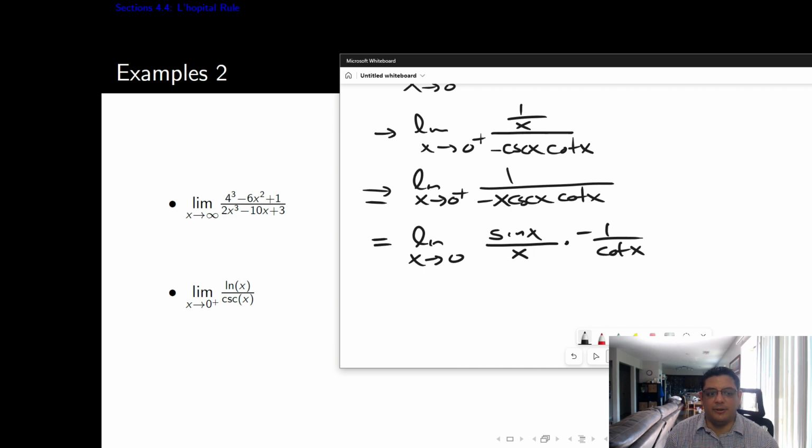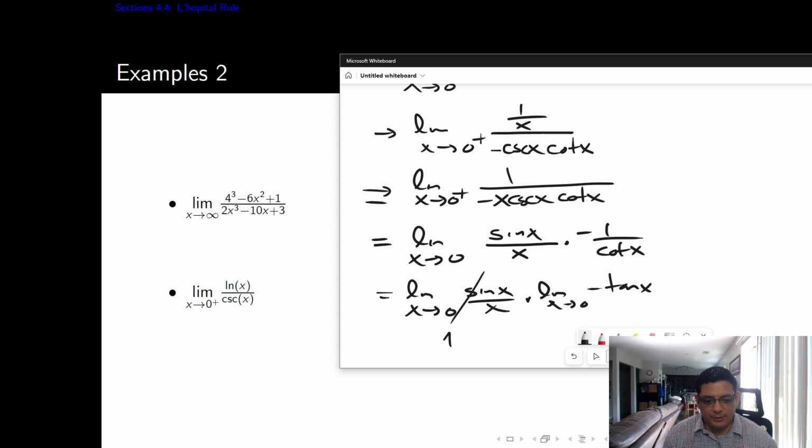And because I have cotangent down here, I can just see this as tangent. So this is now the limit of sine of x over x times the limit when x goes to 0 of minus tangent of x. This is going to be 1, as we previously saw, and this is going to be 0. So this will be 1 times 0, and this will be 0.